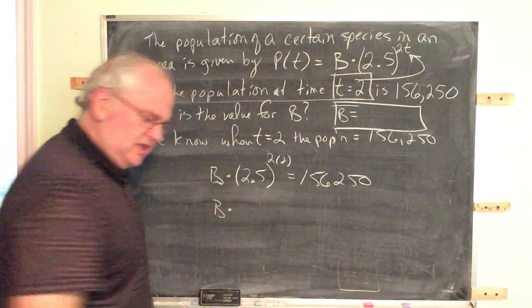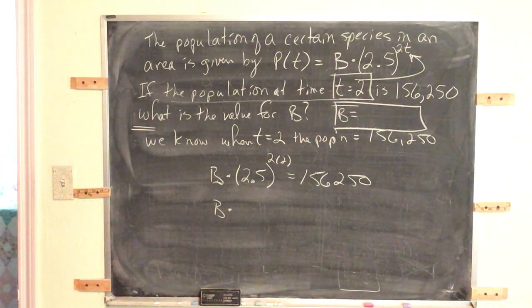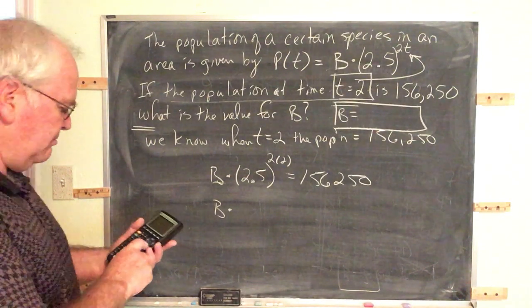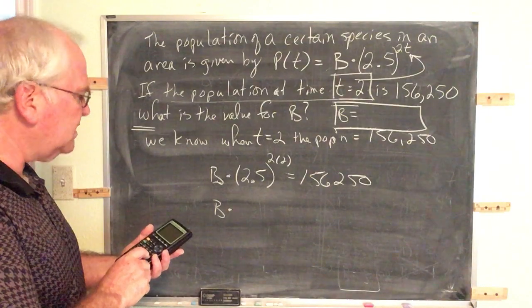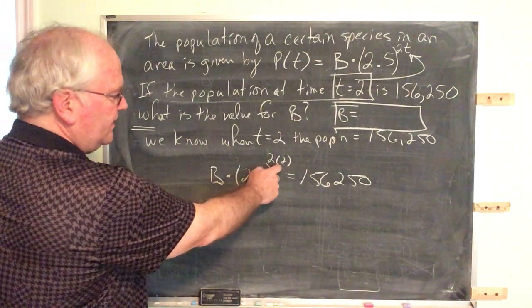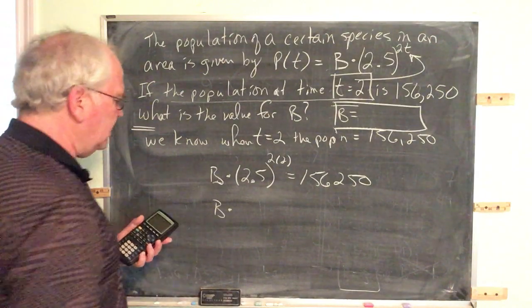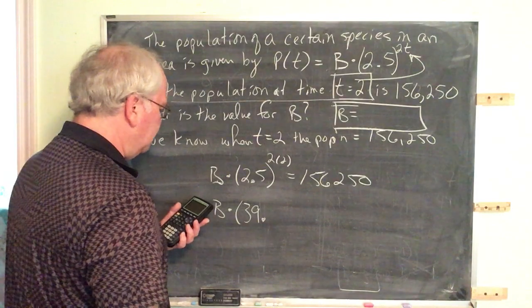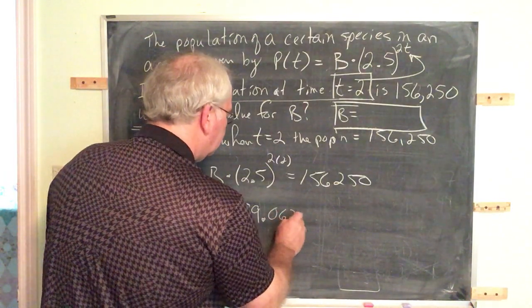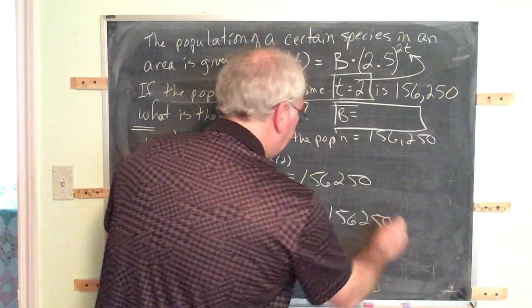We know that b times, and I've computed that, 2.5 raised to the power 4 is 39.0625, so b times 39.0625 must equal 156,250.